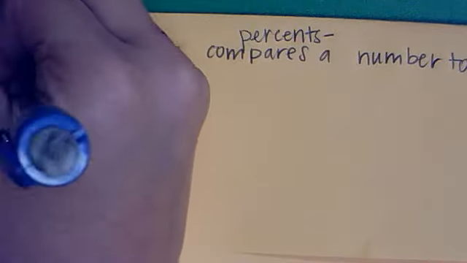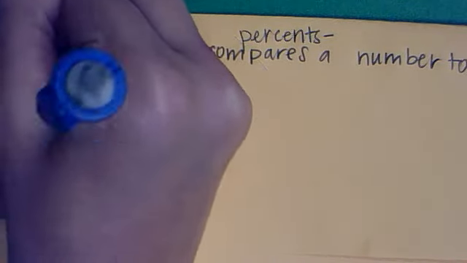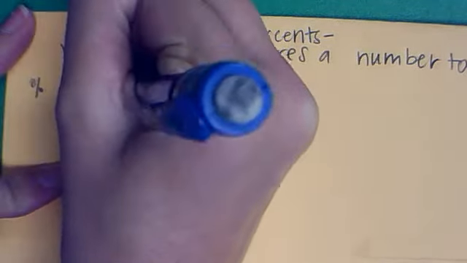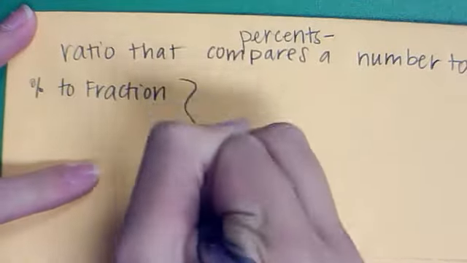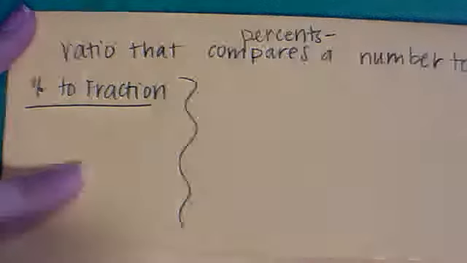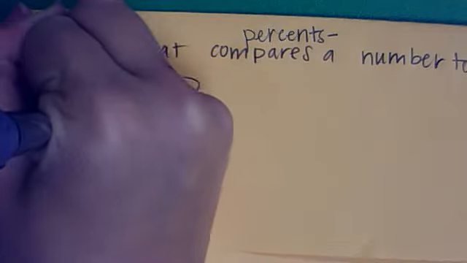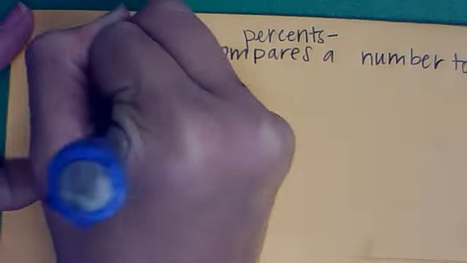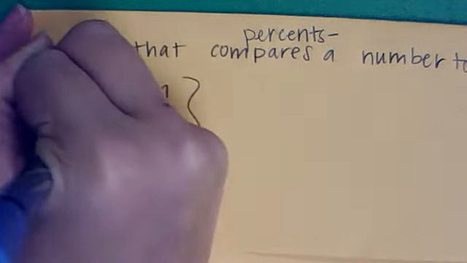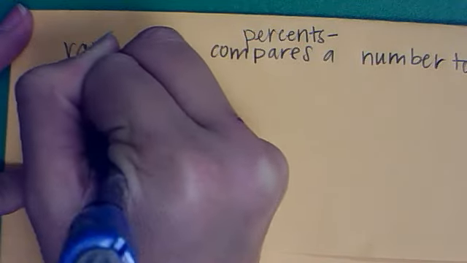There are three things we're going to talk about: how to move a percent to a fraction. To do that, you're going to write the percent over 100 and simplify.